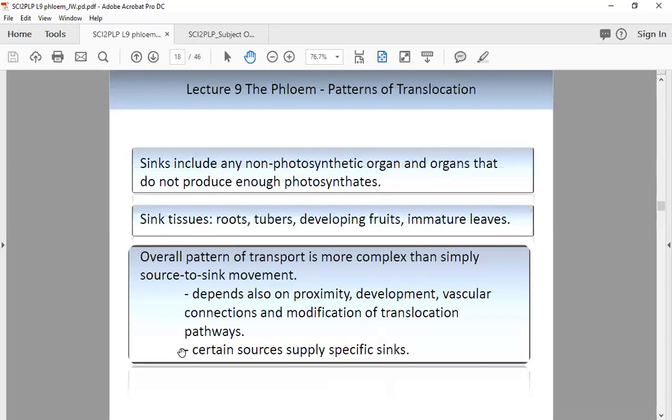They're not the only two strong sources, but they're certainly two of the strongest. So what do you think about grapevines? What do you think would be the strongest source that's supplying the developing berries, for example? And you call that an inflorescence, do you?